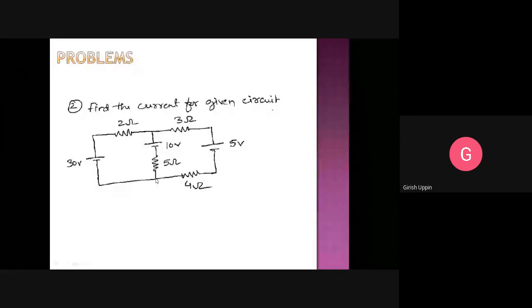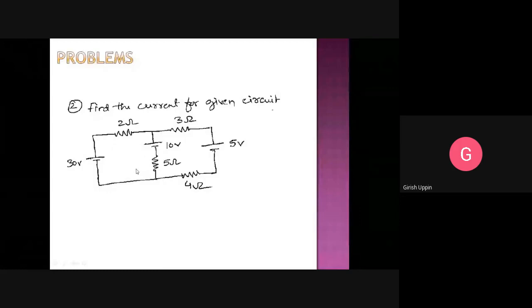Then the direction of tracing should be marked clockwise. And you remember, when you are choosing the direction of tracing, I told you I'm going with the convention of clockwise. When you are going to do the tracing in a clockwise direction for one loop, you cannot change the direction here.